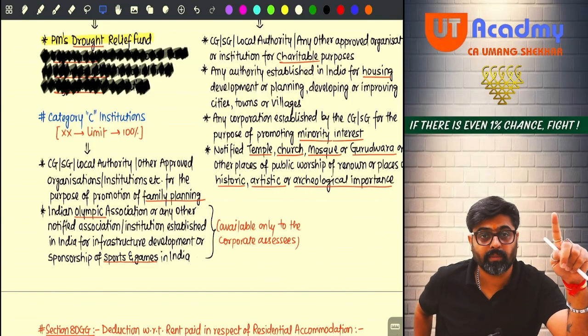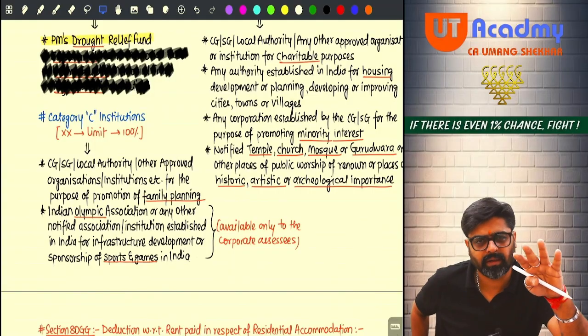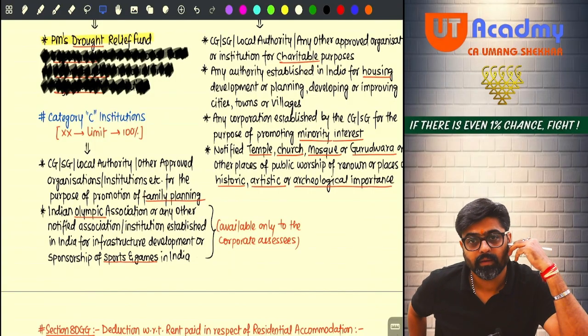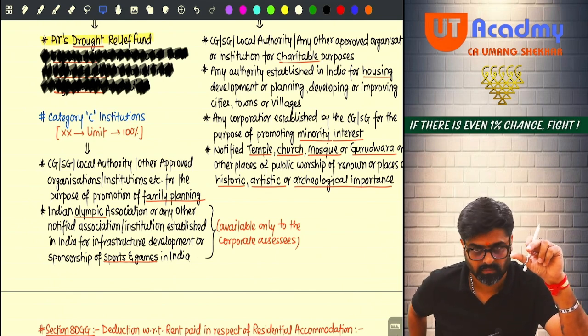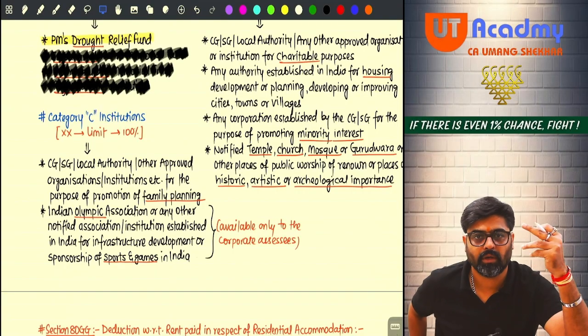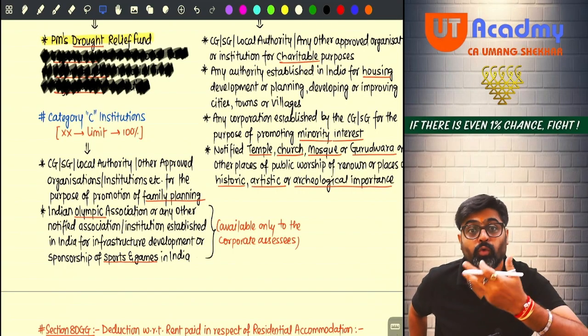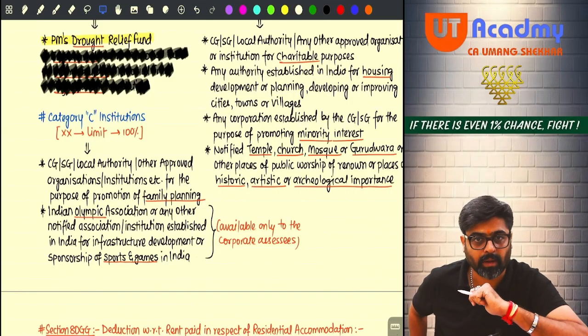Then charitable purpose. Then there are corporations which are set up in India for promoting minority interest. See, there are some minorities in India. If you talk about Sikhs, those Punjabi people, they are a minority in India. Jews, meaning those Parsi people, are also a minority.